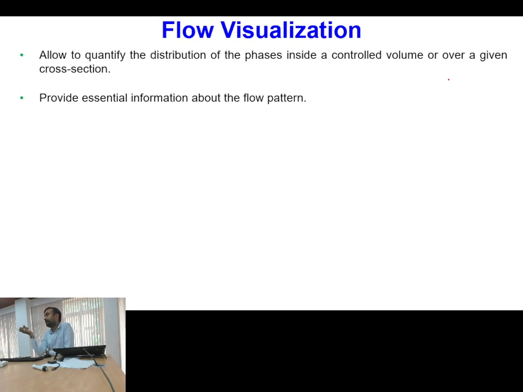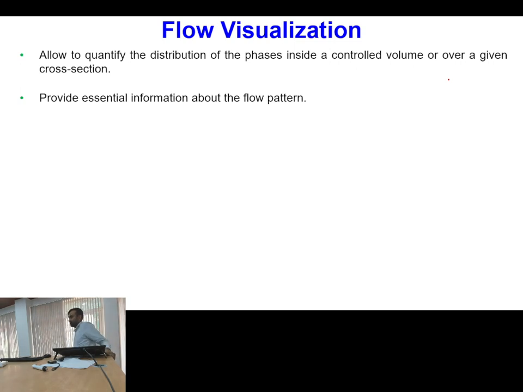If you have a different distribution of phases, you will have different interfacial area. And different interfacial area will significantly control the rates of heat transfer, mass transfer and chemical reaction. Because if you have two fluids, the transfer of property takes place across the interface, and to determine the transfer of properties you need to know the interfacial area.